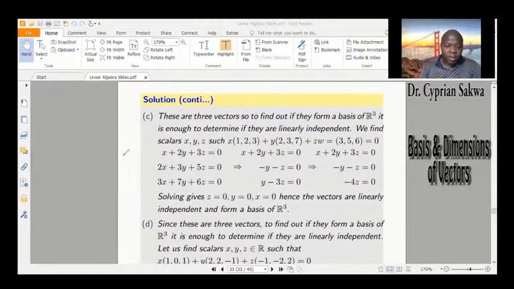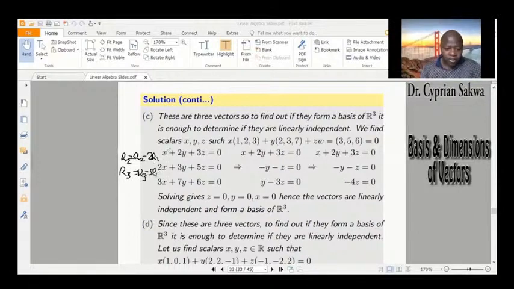To get my new row 2, I would take the original row 2 minus 2 row 1. And to get my new row 3, I'll take the original row 3 minus 3 row 1.